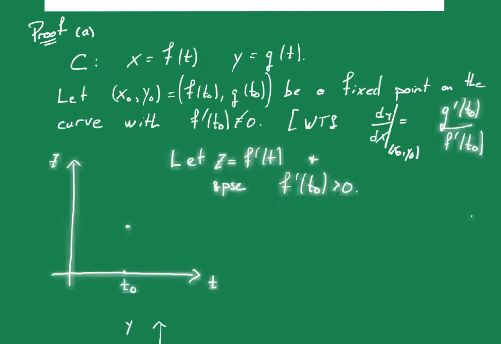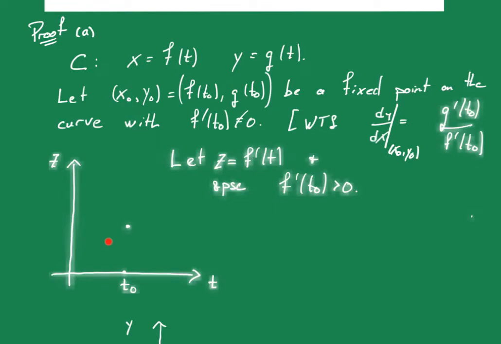Now, remember, we're assuming that f prime of t, in other words z, is continuous. So if z is continuous, in particular, it's continuous at t naught, and in fact, it's continuous everywhere, and f prime of t naught is bigger than 0, what can we say?